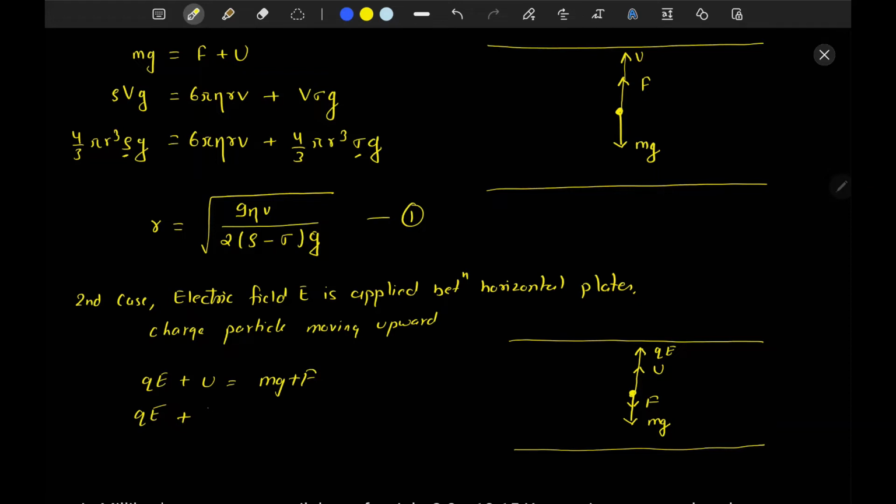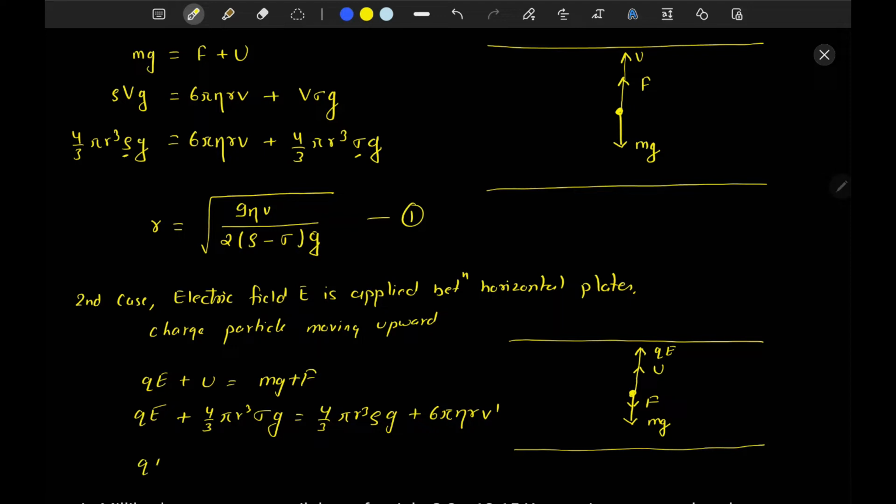Now the upthrust is 4 by 3 pi r cube, density of the medium into g, and this equals 4 by 3 pi r cube, density of the oil into g, plus the viscous force 6 pi eta r v. For the second case, we consider the terminal velocity as v dash.